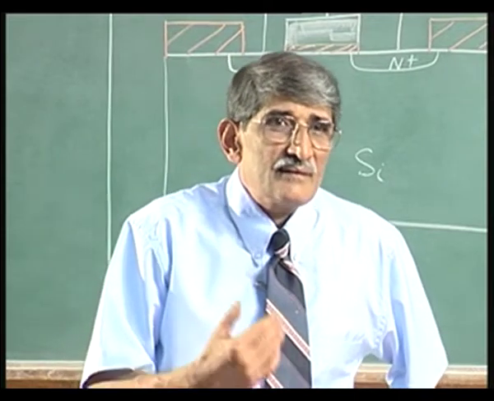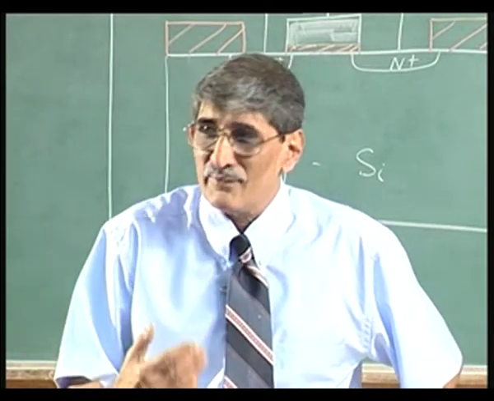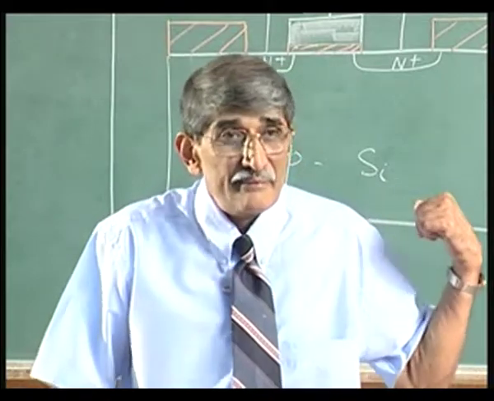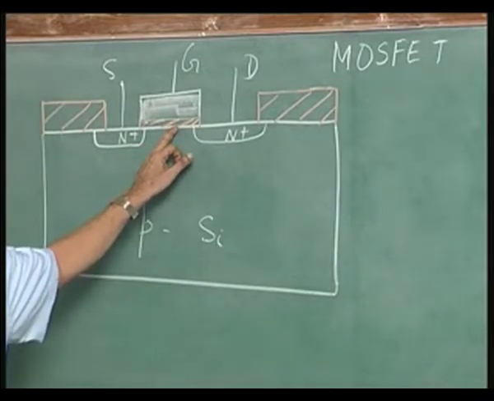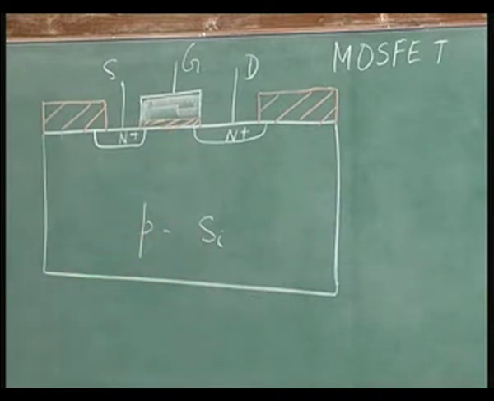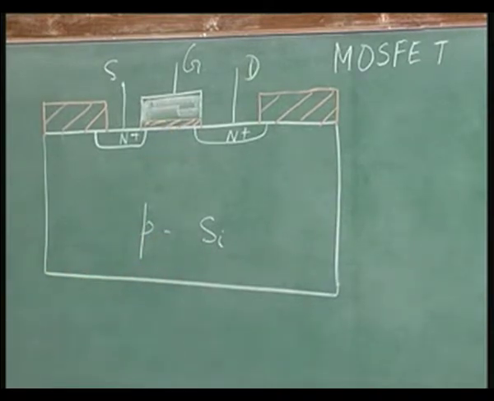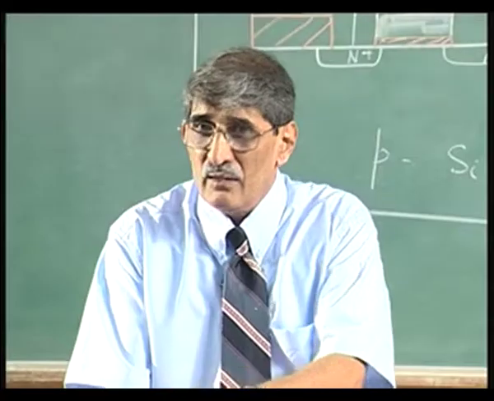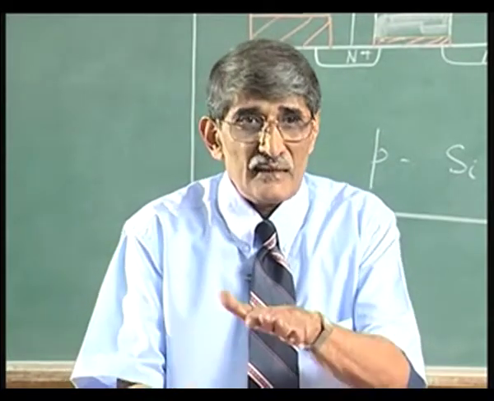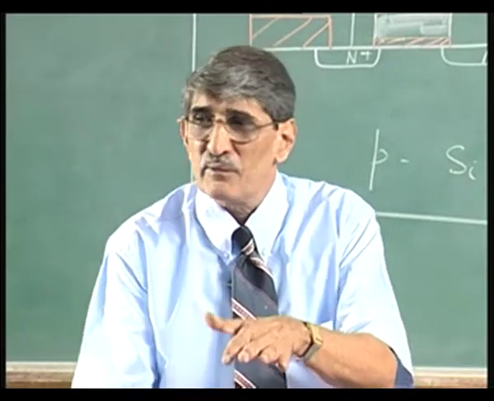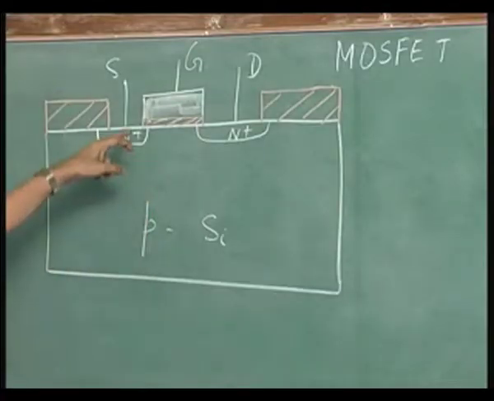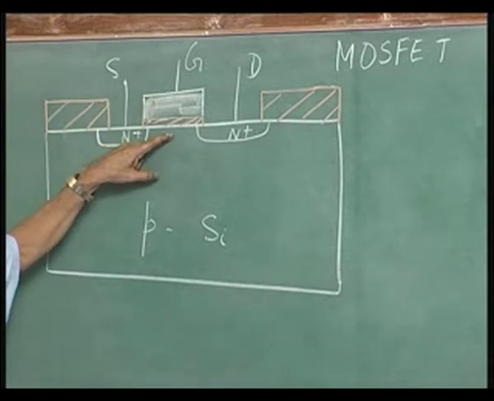It was not deliberate, in the sense it was sort of an accident. The first device that was proposed was the MOS field effect transistor. What was conceived was you put an oxide, a dielectric material, they were trying germanium, put a metal gate on top, then you must be able to control the region below that. By applying voltage between these two, you can control the region between these two.